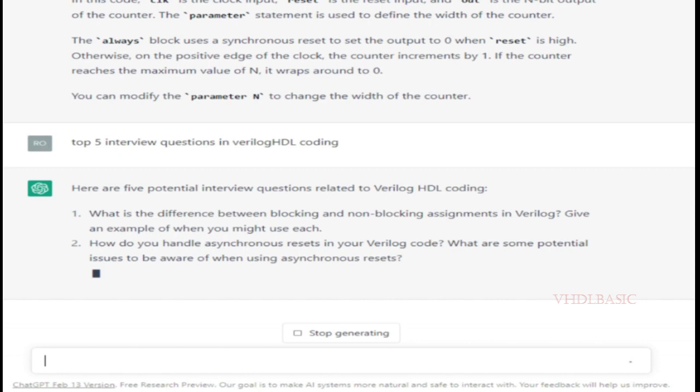To avoid these issues, it's important to properly synchronize the reset with the clock and ensure that all the signals are reset at the same time.